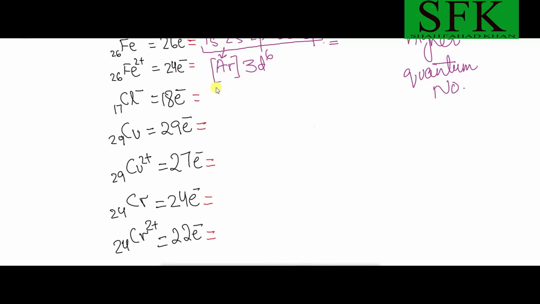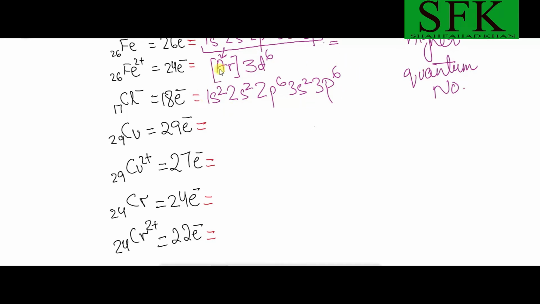Okay, so this extra electron is just going to be filled according to the Aufbau principle again. So 1s2, 2s2, 2p6, 3s2, and 3p. 12 electrons have been filled. 3p6 gives 18 electrons.